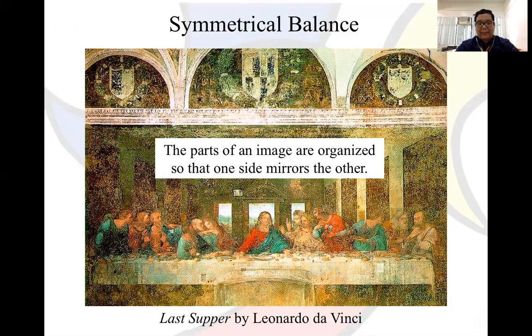Now, if you look at the painting of Leonardo da Vinci entitled The Last Supper, we could see here that there is symmetry. Take a look at the arcs found on the ceiling. We could see that there is this middle arc with two smaller arcs at the left and the right sides. So this creates symmetry in this painting. Okay, that's the symmetrical balance.